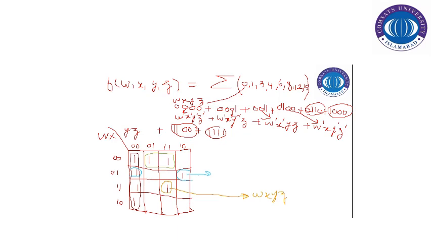Since we can see that W and X are not changing for the group, it would be W prime X here. As far as the values in the columns are concerned, Y is changing within the group: for the first cell Y is 0, and for this cell Y is 1, but Z is not changing and is continuously 0, so we've got Z prime here.